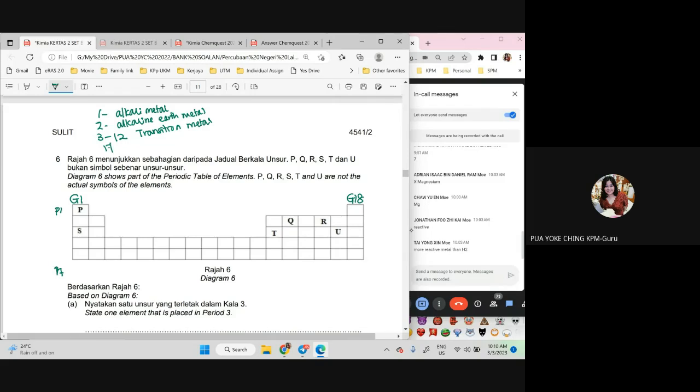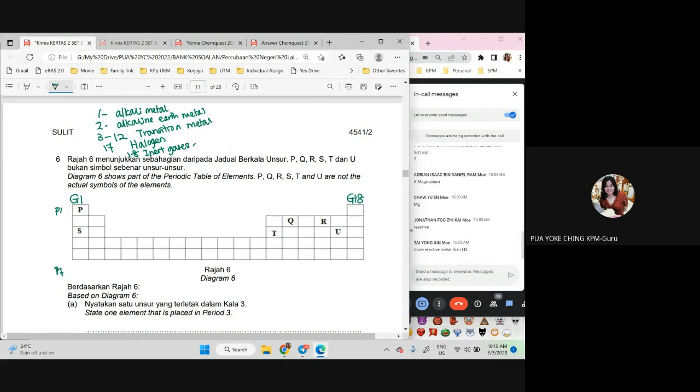And then you will terus pergi group 17 which is halogen. And 18 which is your inert gases. Okay, so ini ialah nama-nama untuk group.